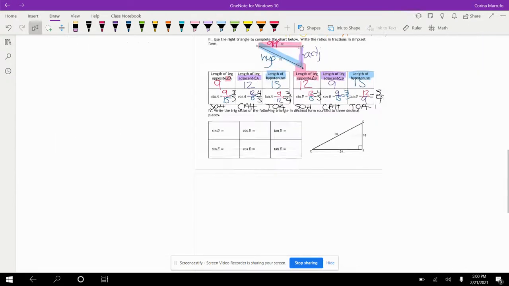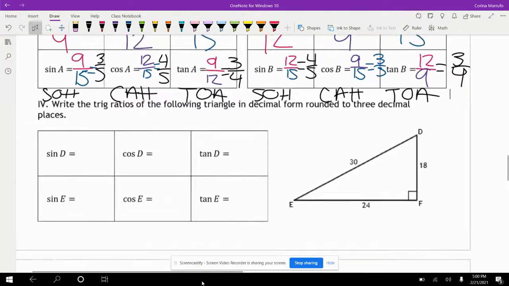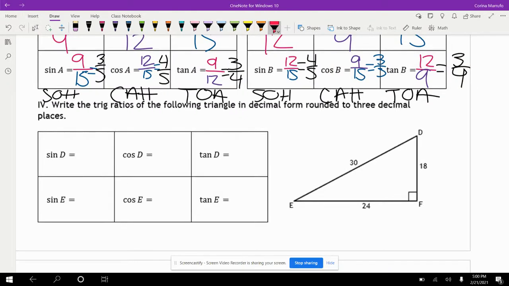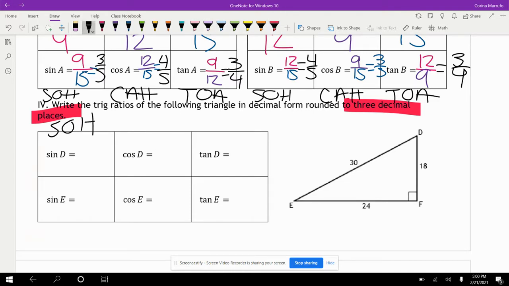We're going to do this one more time, but this time they want us to round to three decimal places. So we're going to do everything for sine of D. Now we do need to remember Sohcahtoa: some old hippie caught another hippie tripping on acid.